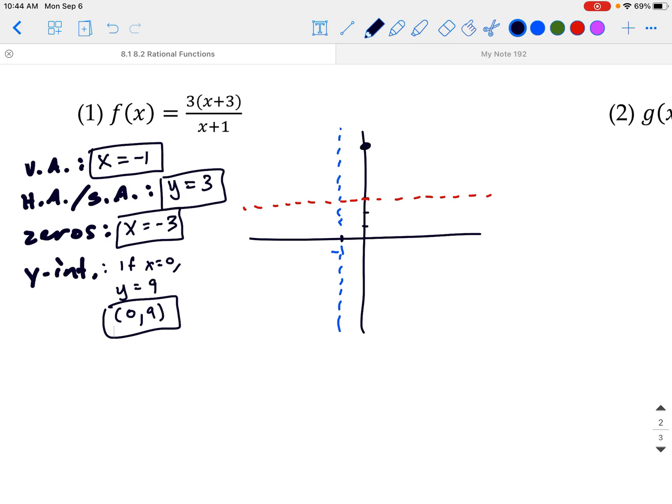So (0, 9) is clearly going to be somewhere above the red and to the right of the blue. And then the zero of -3 is going to be at (-3, 0). And then from here, we could plot some additional points. We could plot points at 1, at 2, but actually those 2 points that we have here are probably going to be pretty good in terms of determining the behavior.